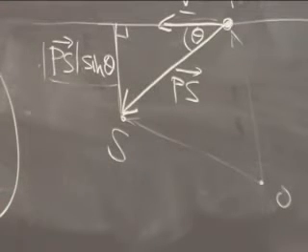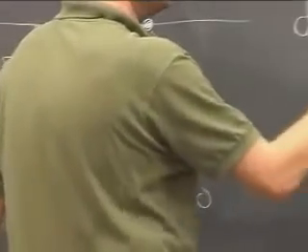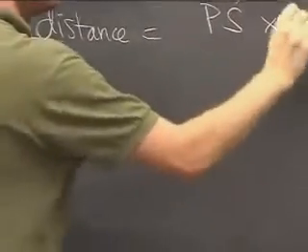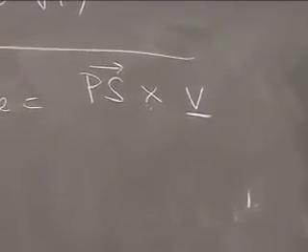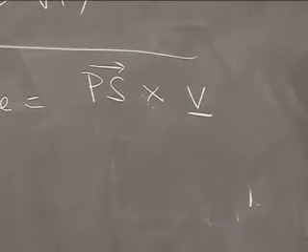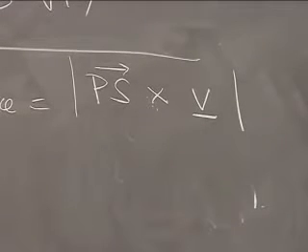So all we need to do is write down that the distance is the cross product of PS with V. Well, that can't be right. First of all, it's a vector. It's not a scalar. So we've got to take its length. What is that?